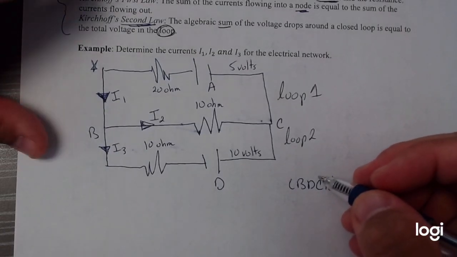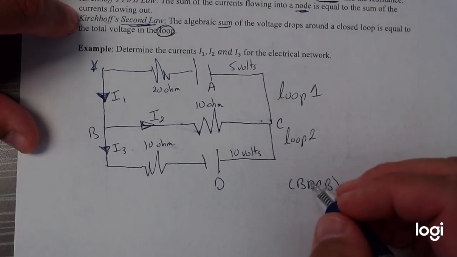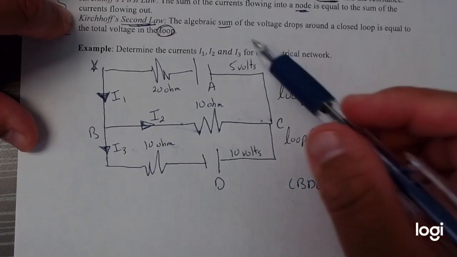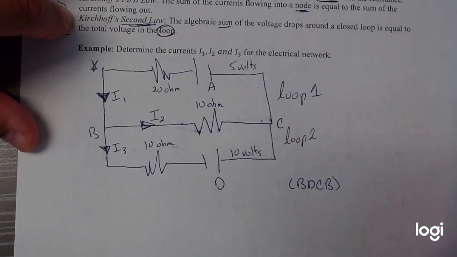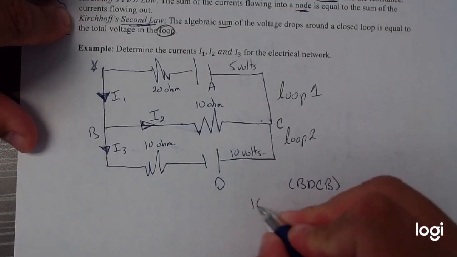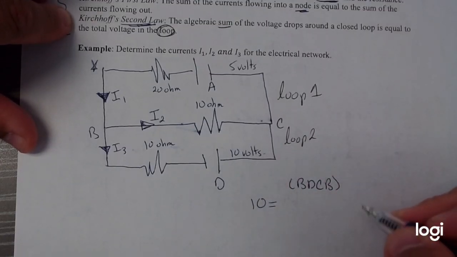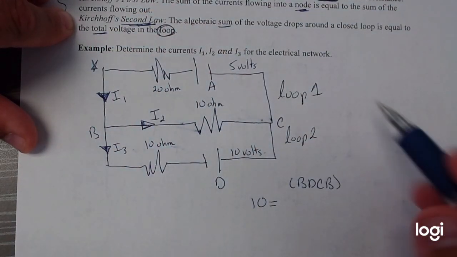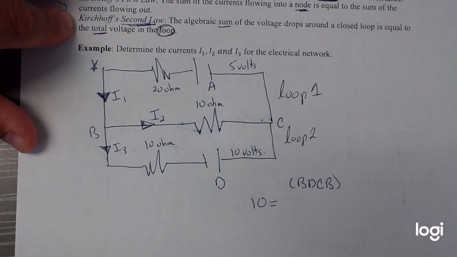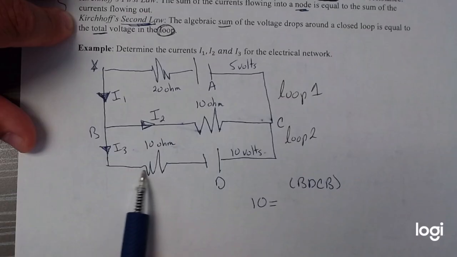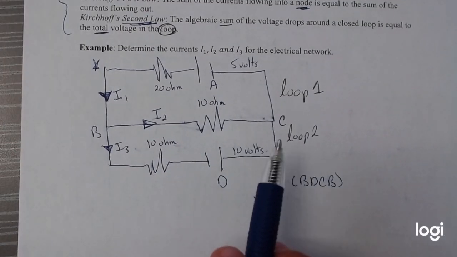Okay. So now we're going to use the second law to help ourselves out. All right. So this one says the sum of the voltage drops, so the sum of the voltage is equal to the total voltage. So our total voltage is 10. So what is the sum of these voltage drops? Okay, let's see. So this one goes from here, and then it goes through here, and then comes back.